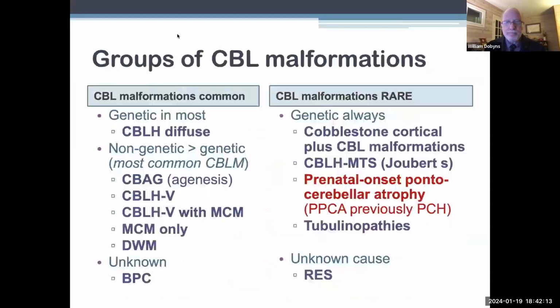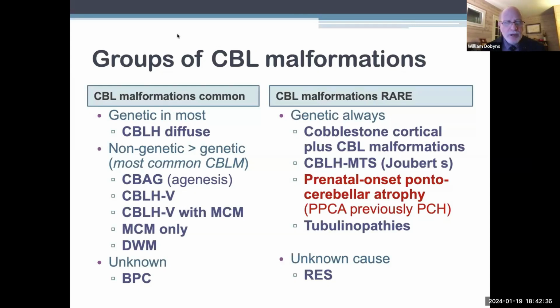All right, so I have defined several groups of cerebellar malformations, and you've already heard about some of these. What are the important differences? In the last talk, Christina talked about pontocerebellar hypoplasia and how the term didn't really fit because often there were problems well before birth with progressive atrophy.